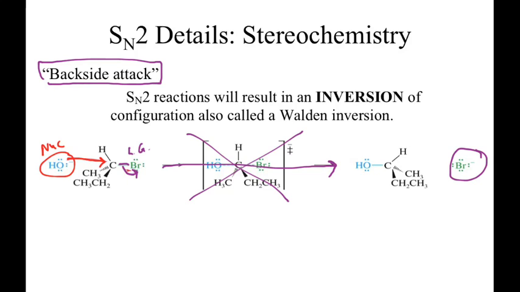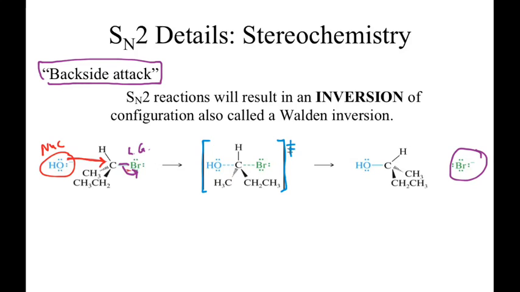That can be better shown, and this is where our stereochemistry will come into play, in a transition state. There's a couple things that signify that it's a transition state. The first of which is the brackets around it. The second is the double dagger symbol on the far right. That's to imply that this is what's happening as the reaction occurs.